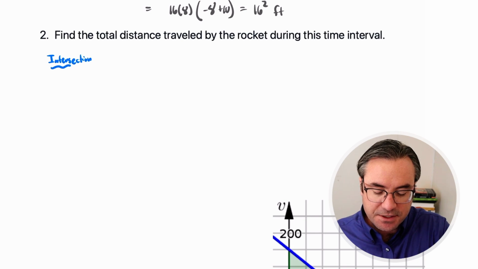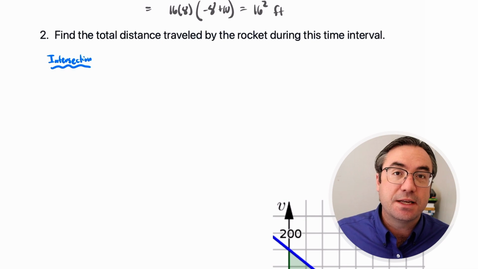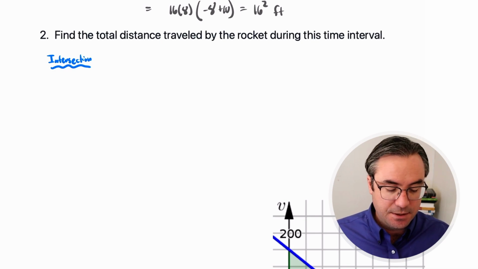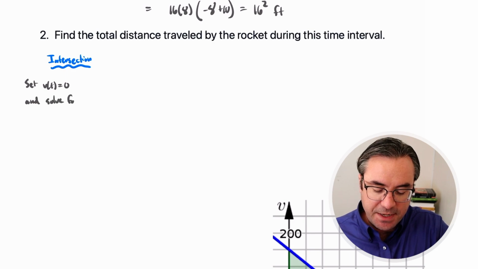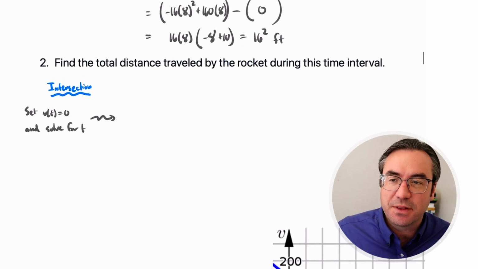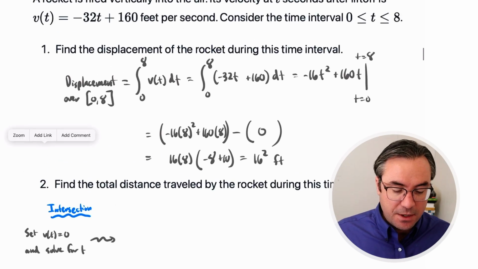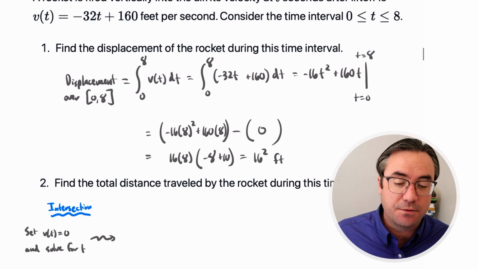When does velocity cross the t-axis? The idea here is we're going to set v of t equal to 0 and solve for t. Based on the graph we can tell that it's 5, but let's confirm this with some algebra. So we're going to take our velocity function and set that equal to 0 and solve for t.